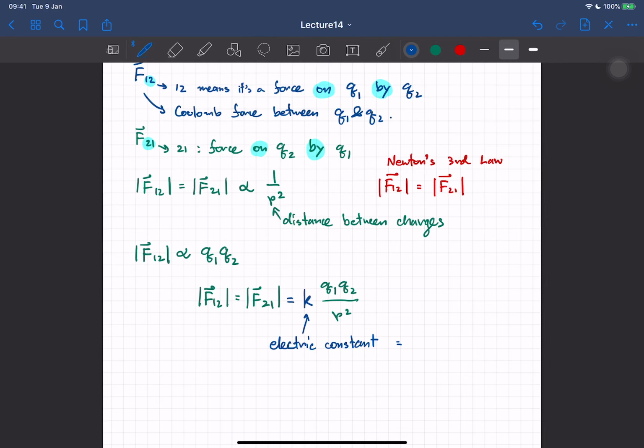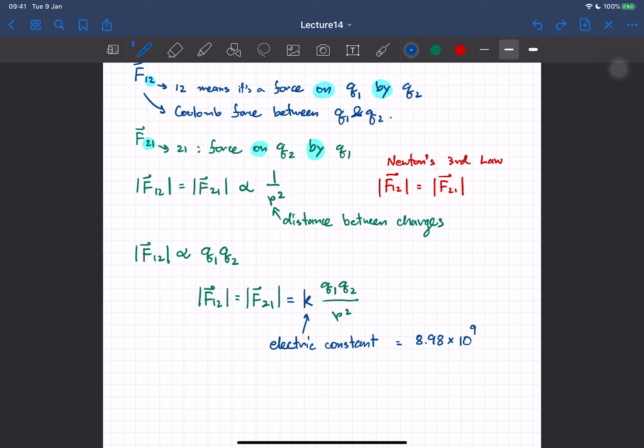And it's measured to be roughly about 8.98 times 10 to the 9. What about the unit here? Well, we know that on the left hand side it has to be force, so it needs to be Newton. And the right hand side is k times 2 factors of charges, so Coulomb squared, divided by distance squared, so meter squared.